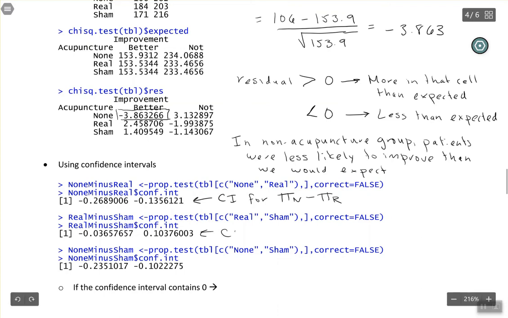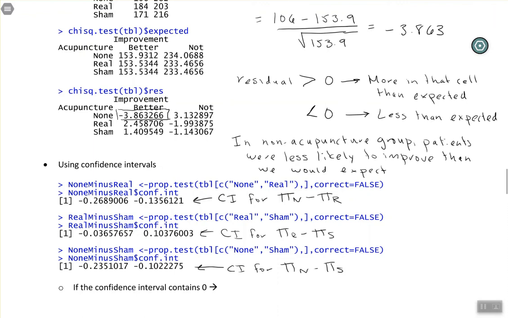The second one is for pi real minus pi sham. And the last one is for pi non minus pi sham. Here we are following up with what we call pairwise tests, comparing just 2 treatments at a time. You wouldn't want to start with this because of the possibility of type 1 errors. But once you've already rejected the null, it's reasonable to follow up in this way.